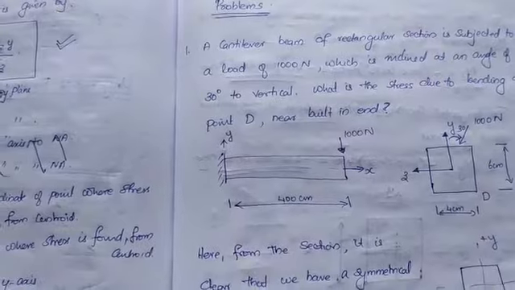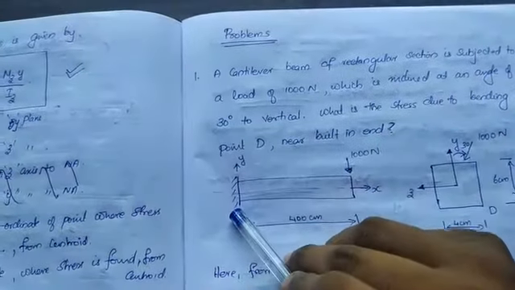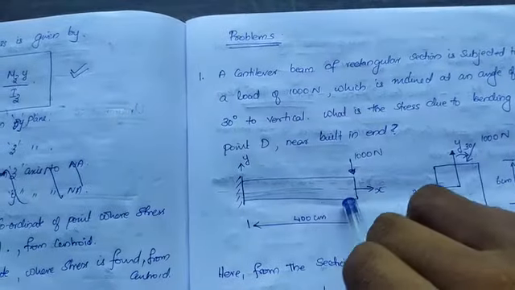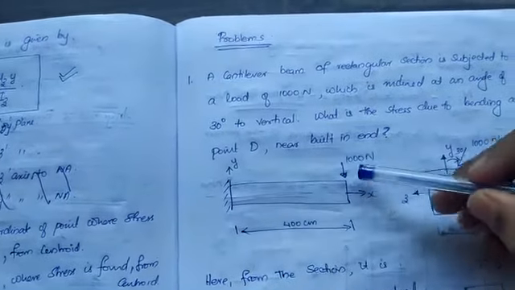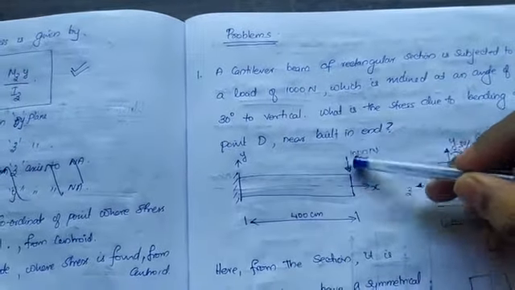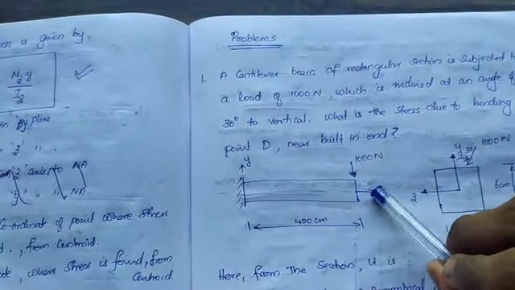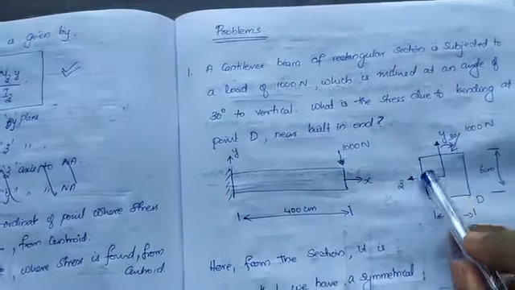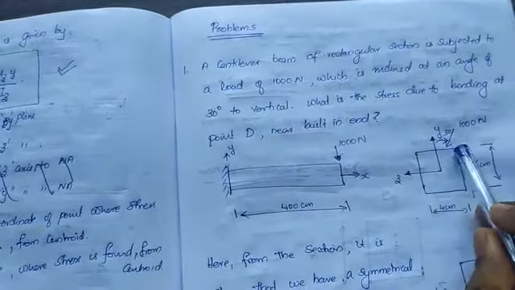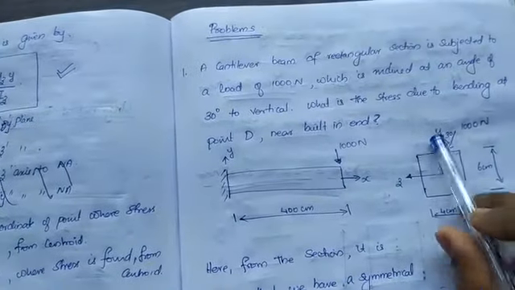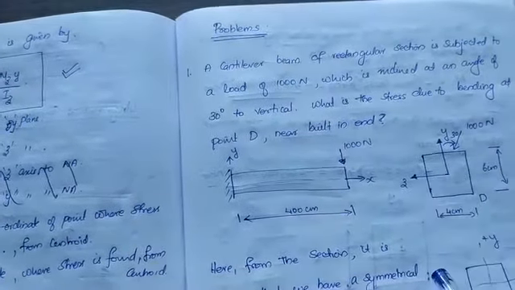They have given a cantilever beam. Its length is 400 centimeter, and at its free end there is a load of 1000 Newton. We consider the x direction as this, and in the section, this will be the y direction and this will be the z direction.